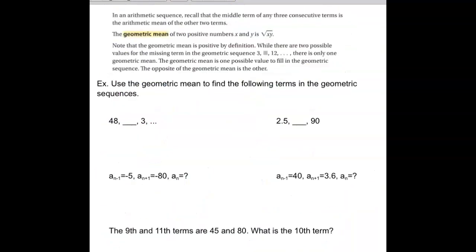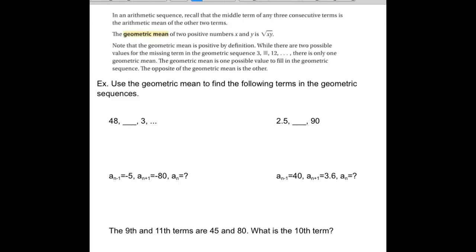So we had an arithmetic sequence a couple days ago when we were talking about arithmetic sequences. Recall that the middle term of any 3 consecutive ones was just the arithmetic mean, or the average of them. Well, we have something similar for geometric sequences called the geometric mean.